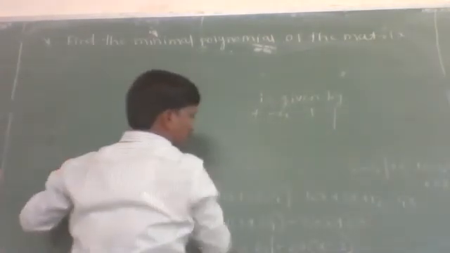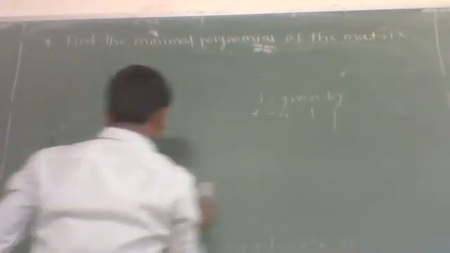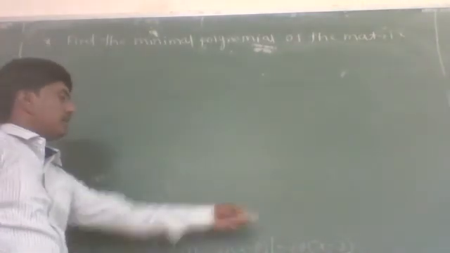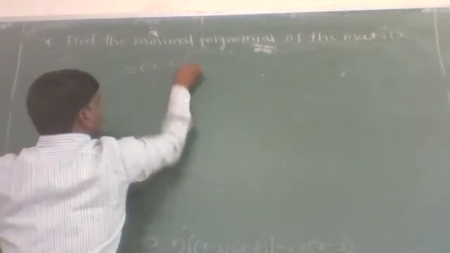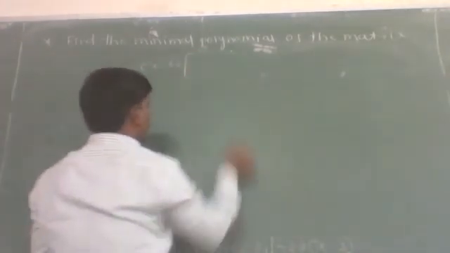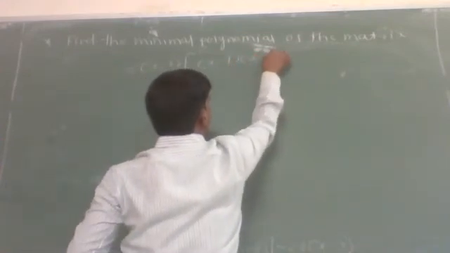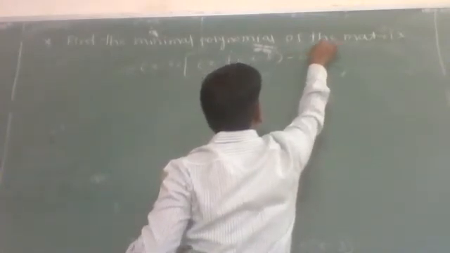Now taking x minus 3 common, we get x minus 3 into x minus 7 into x minus 8 minus 20.